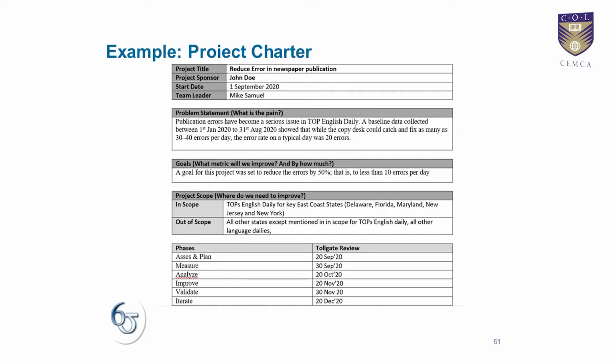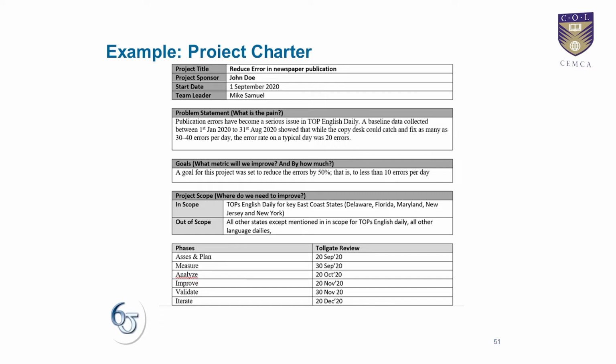In scope, it is easy to understand the process functions, the team, the geographies. In fact, a specific customer set, a specific business function, what all is going to be part of the scope of the project. We definitely talk about it, and we write it that way, that these are the things as part of this process. Now, more than the in scope, what is more important is the out of scope.